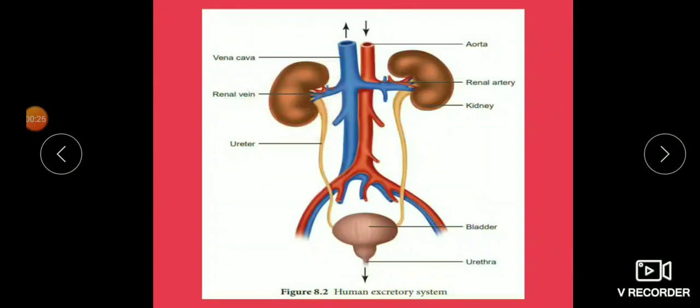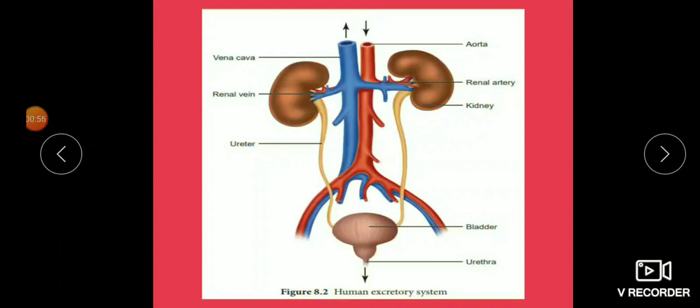Now let's discuss the structure one by one. Kidneys. Kidneys are a reddish brown bean-shaped structure lying towards the back of our body, on either side of the vertebral column, exactly above the waist. Now, ureters. Ureters are a pair of whitish narrow tubes, which open from both the kidneys to the urinary bladder.